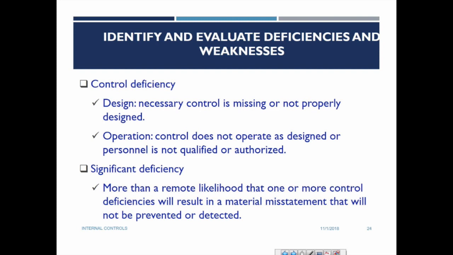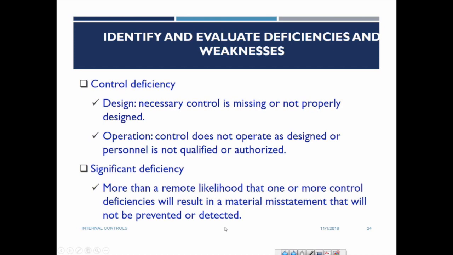And that's the auditor's judgment. So that's what you have to think about, because when we say remote likelihood, right, that's judgment. And so it's not as easily identifiable. It's somewhat subjective.